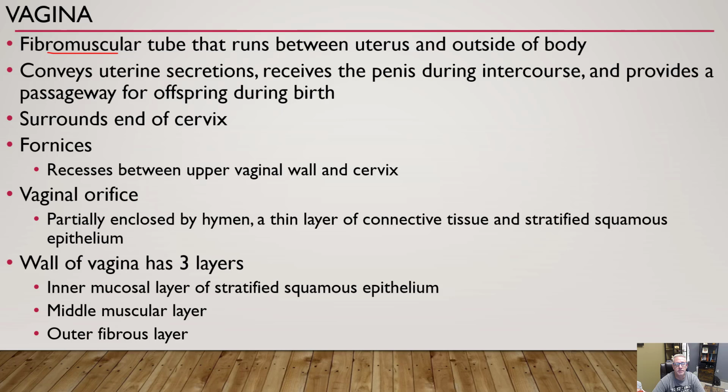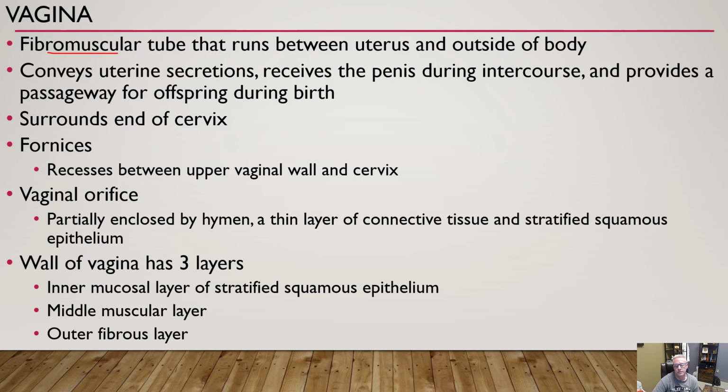It conveys uterine secretion, receives the penis during intercourse, provides a passageway for offspring during birth. It surrounds the end of the cervix. Remember the cervix, about a third of the uterus, falls into the vagina.